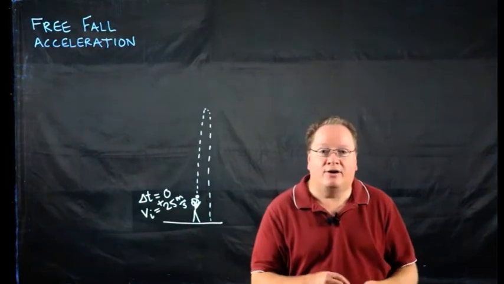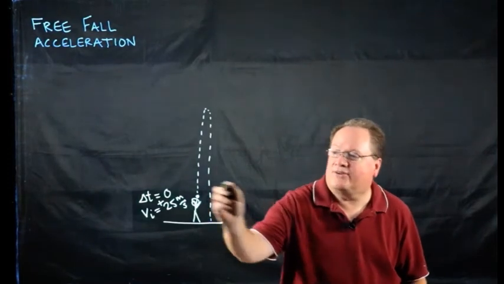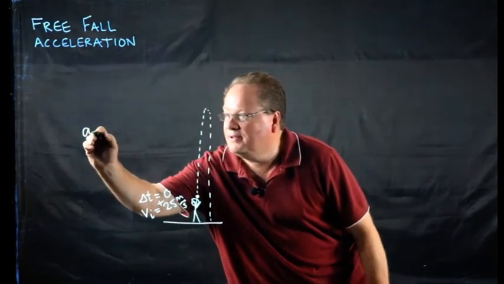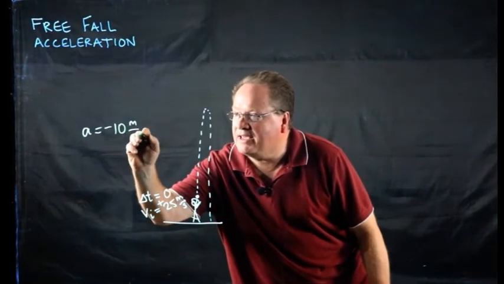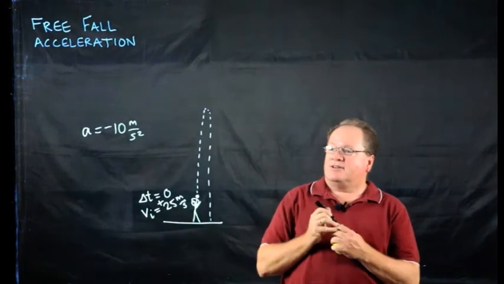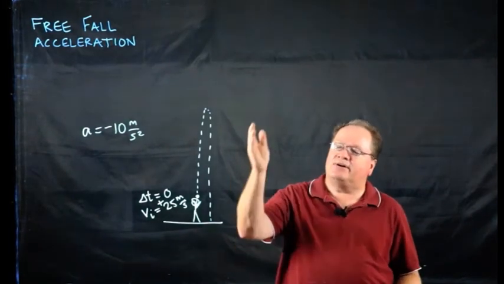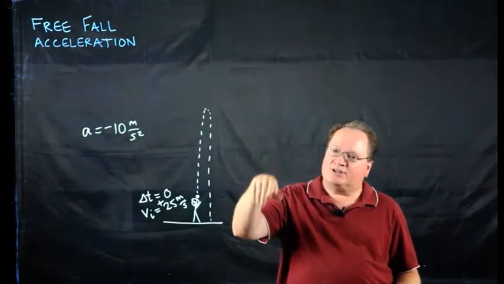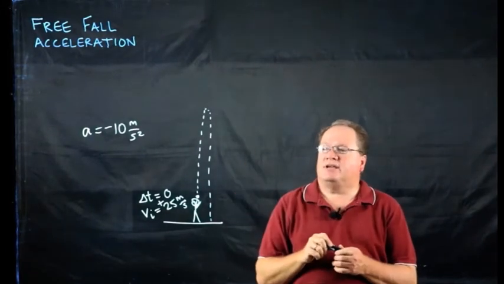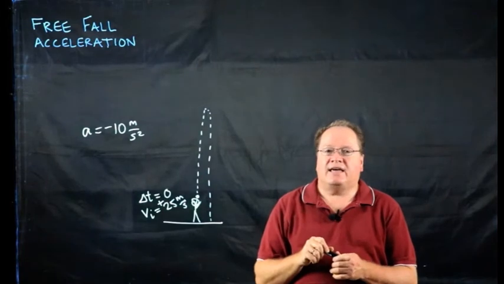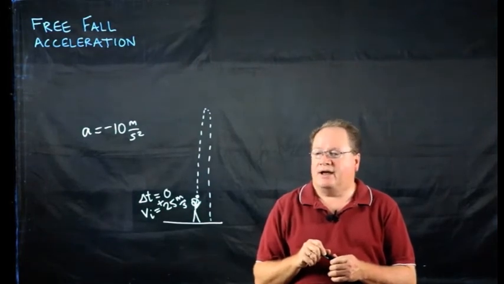Well, we already know what that is. We know that our acceleration is negative 10 meters per second squared. So that means each second that it goes upward, you're going to have an acceleration of negative 10 meters per second squared.